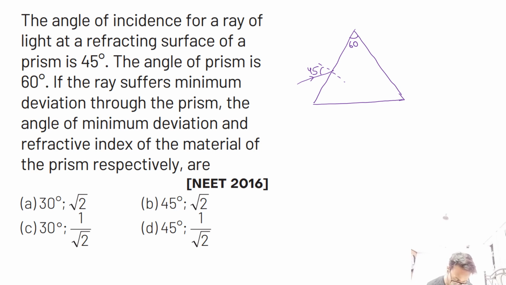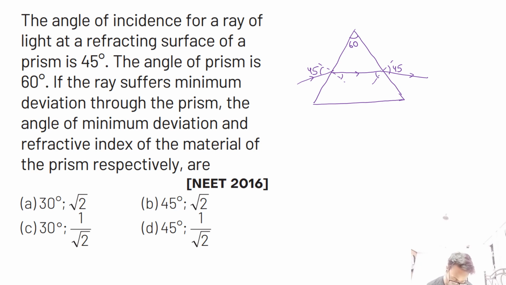For minimum deviation, there are two conditions. First, the ray should be parallel to the base. And the second condition is I is equal to E, so the values of R1 and R2 are equal.